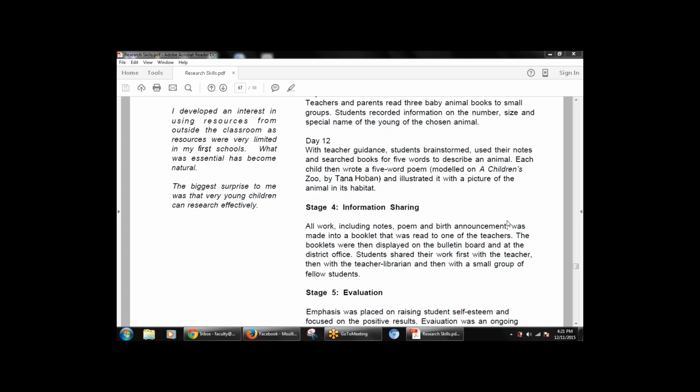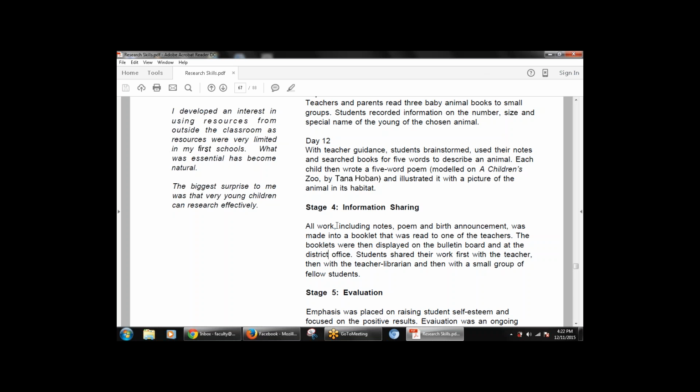Any doubts, any clarification or suggestions from the assignment part? All right. Shall we begin the session or shall we continue the session? Okay, all right.